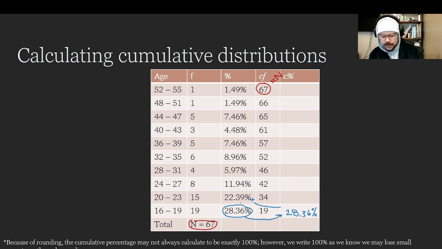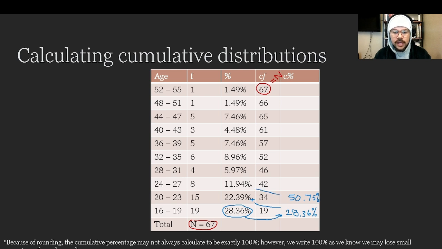I'll just do two of these because as you can imagine, it's a pretty lengthy one here. So 28.36 plus 22.39, which is 50.75. Make sure you include the percentage symbol.